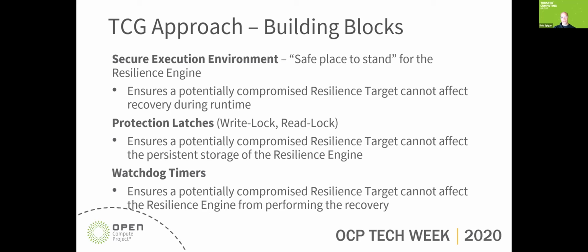Because the resilience engine gets control after the reset before the target, it can turn on those protections again. So it's a little different model for how to protect storage in that it's open initially, and then it gets protections turned on before you want to do something that may be risky or less trusted, like executing a resilience target or transferring control to it.